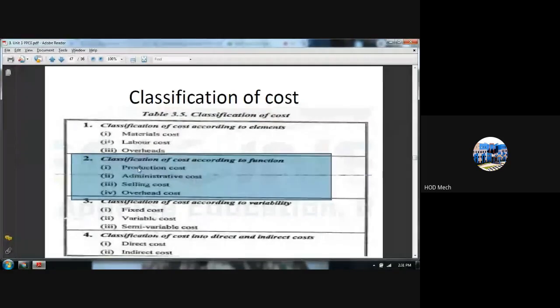Now, the second example I will give you: you have gone to a hospital, right? In a hospital, people go there for getting treatment for their diseases. To get cured, people go to hospitals.